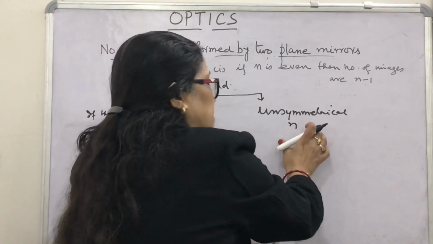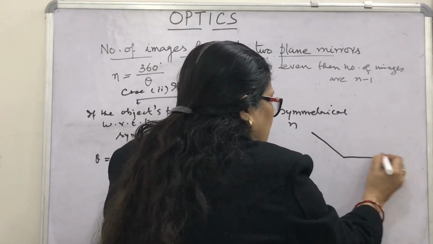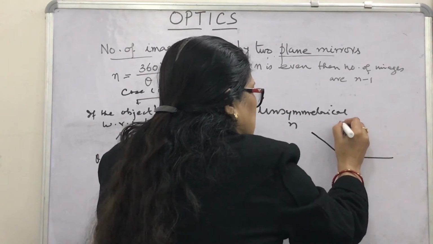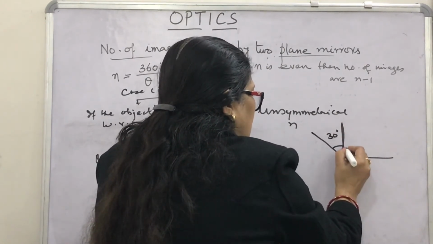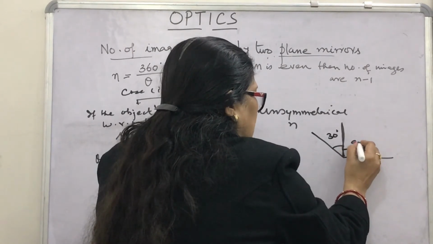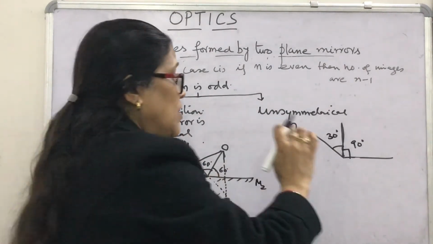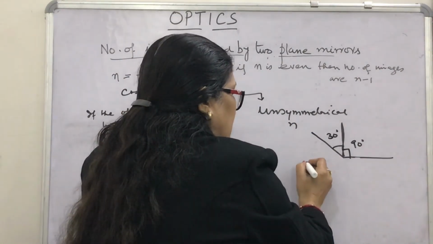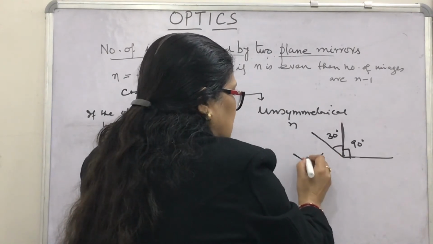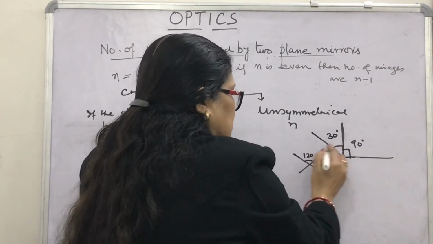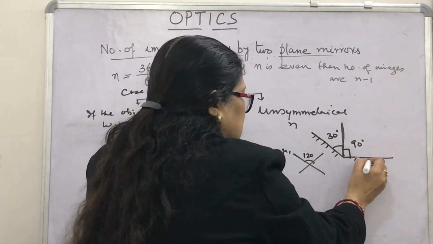Now if the same mirrors are at 120 degrees, but the object position is unsymmetrical, that is, from one mirror it is at 30 degrees and from the other mirror it is at 90 degrees, total angle still 120. How many images will be formed? Look here, again you make this crisscross method. This 120 degrees, this is the M1 mirror, and this is M2.